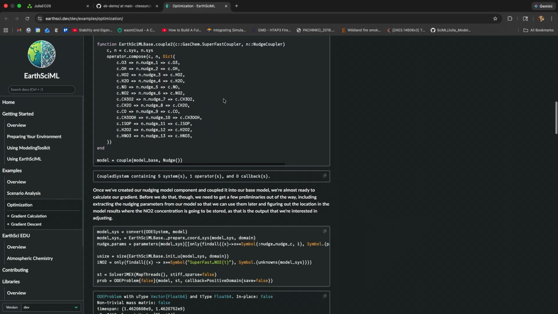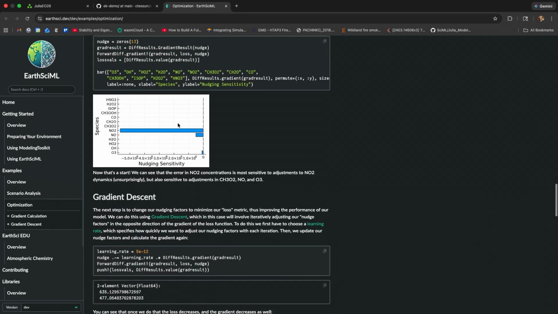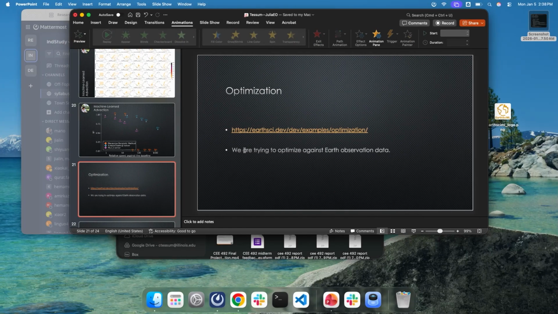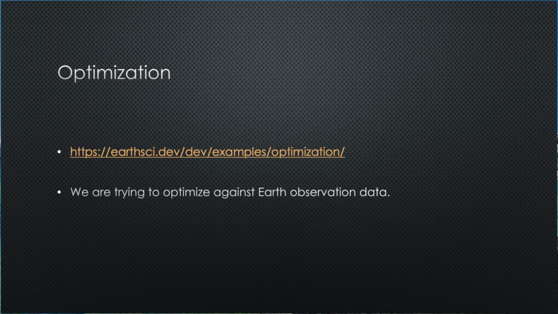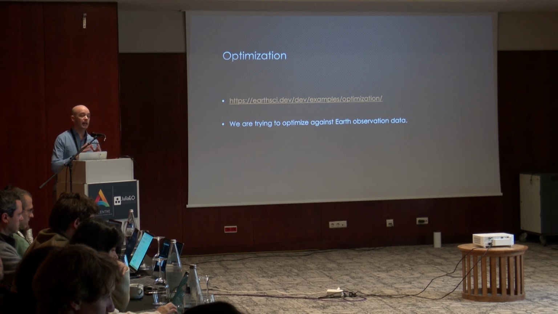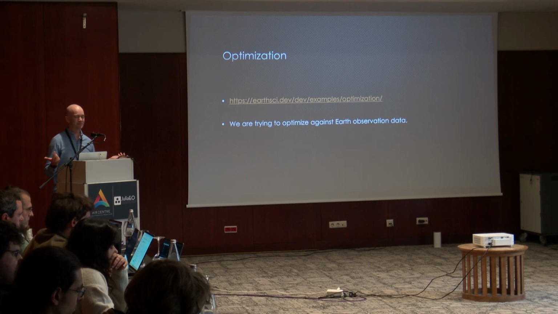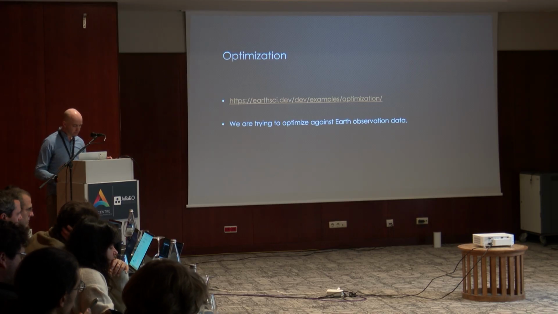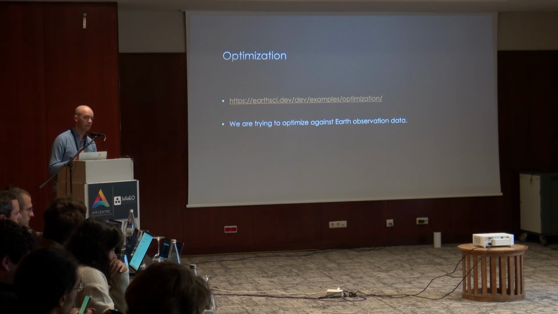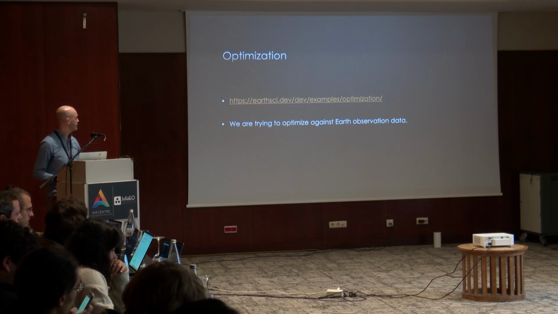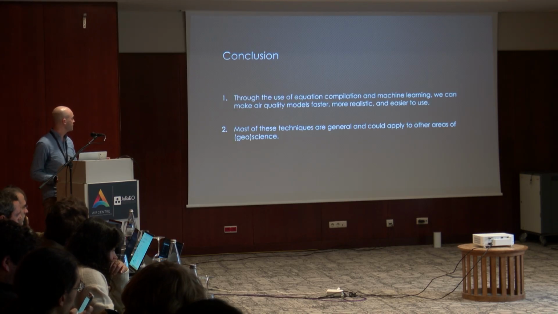I'm not really going to go through this, but we can auto-differentiate and get gradients, for some inputs toward an objective, for our entire model forward simulation, right? This is important because we'd really like to optimize our model, to tune it against Earth observation data, or satellite data in particular. That's something we're really interested in going forward with, and we'd be very interested in collaborating with other people here who might be doing similar things.